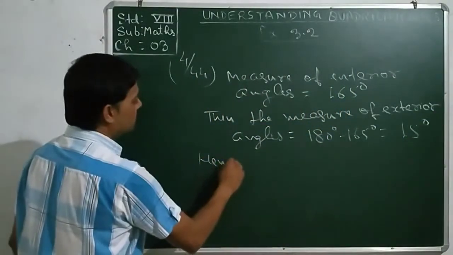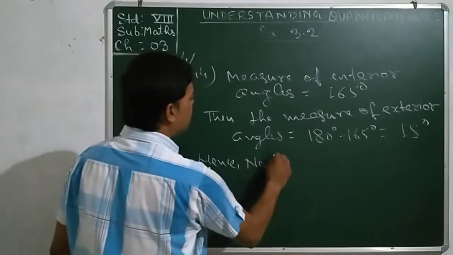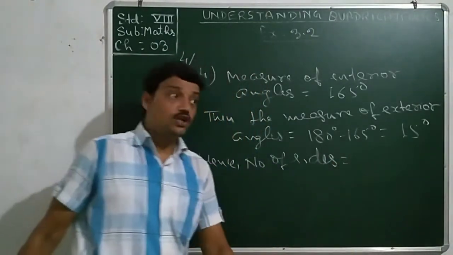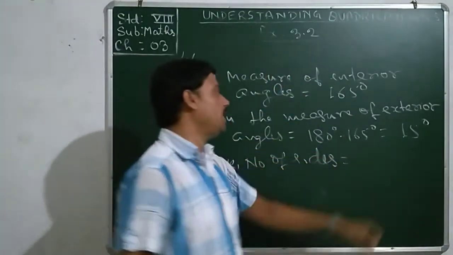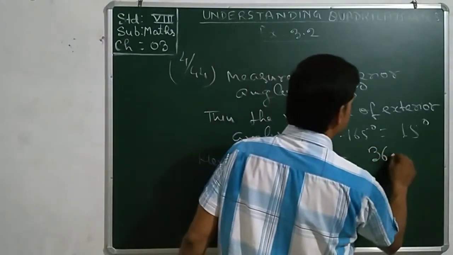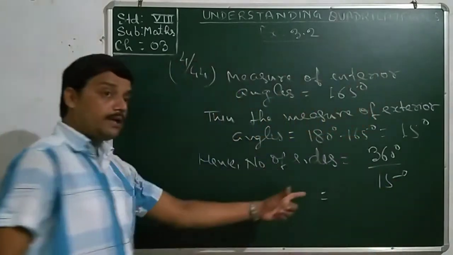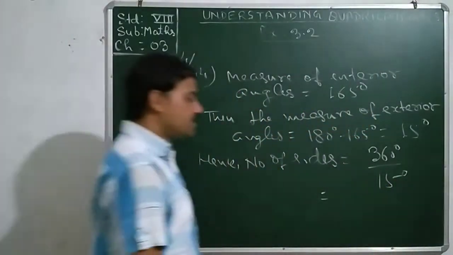Hence the number of sides are asked there. As I had explained to you, 360 degree divided by the measure of exterior, that is 360 degree divided by 15 degree. Solve it, you will get the number of sides.